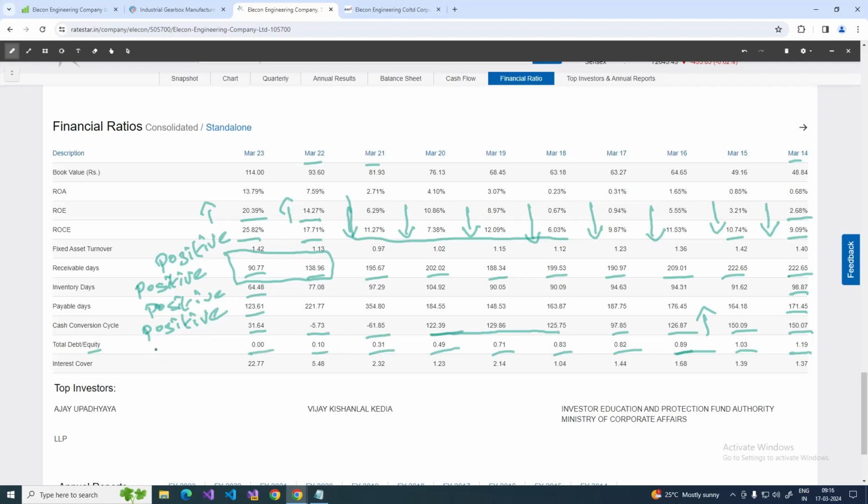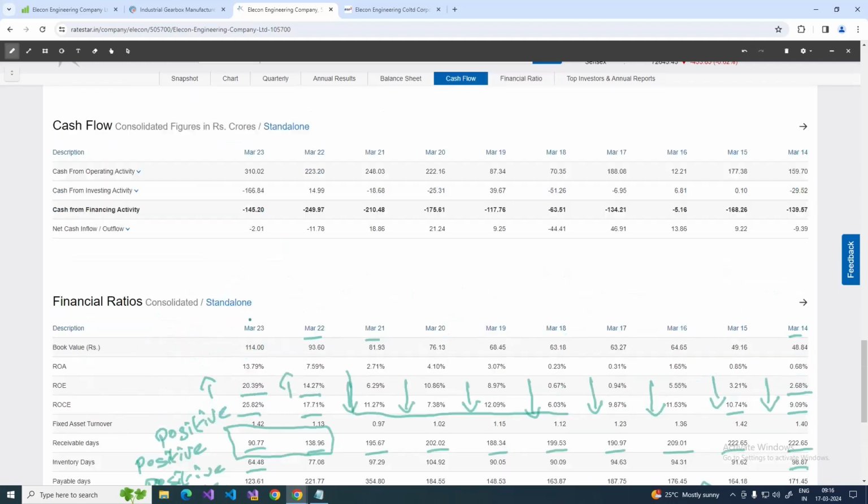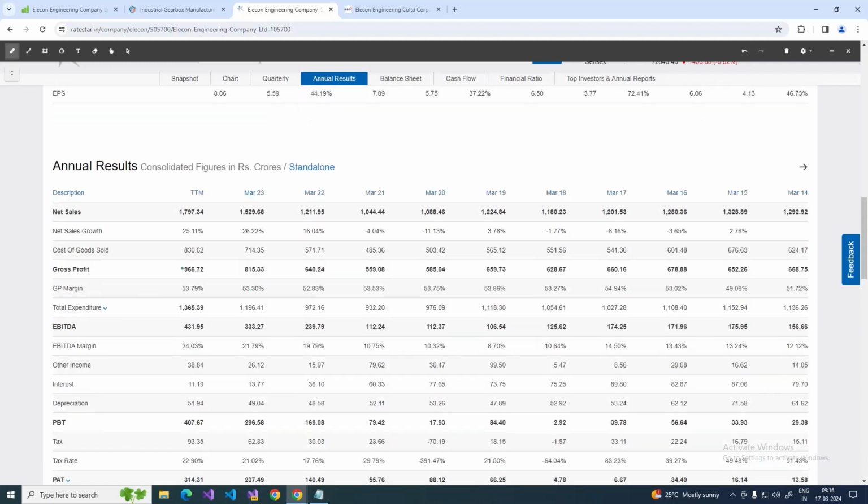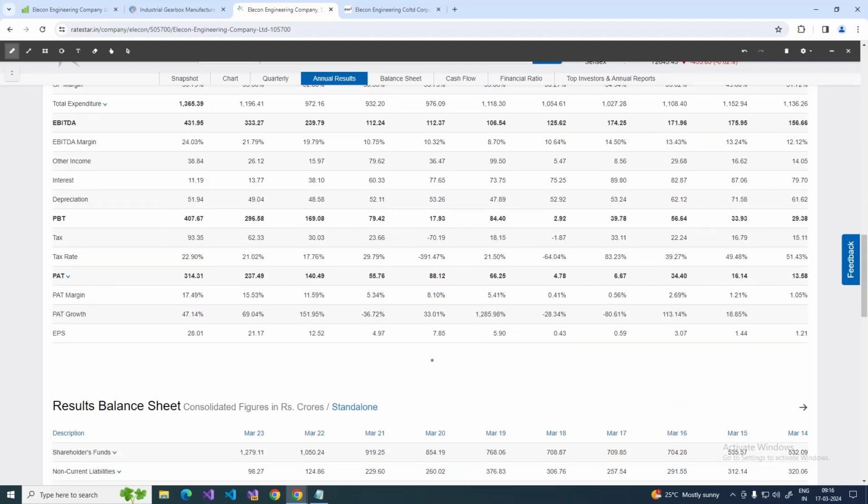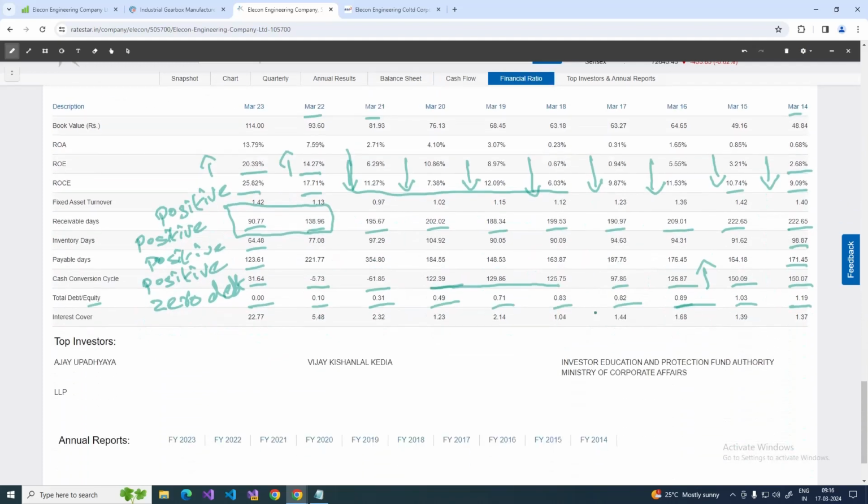In 2023 it is a zero debt company. This is a positive sign. Constantly they are decreasing their debt. So already we observed that throughout 10 years profits increased constantly, and also debt is decreasing constantly. This is a positive sign.